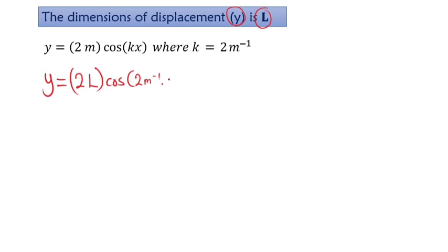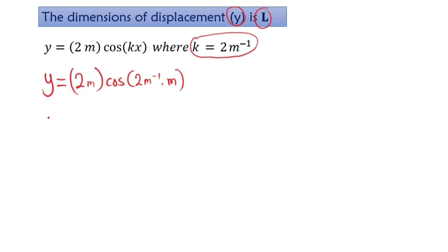We have x, which is measured in meters. In the first step, let's just have units only first. In the first bracket, we have 2m as it is. In the second bracket, where there's k, I've replaced k with 2m⁻¹, and x has been replaced with the unit meter.